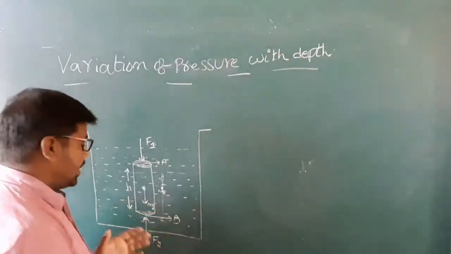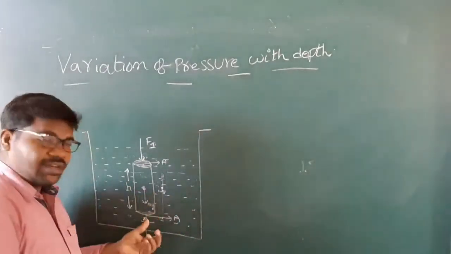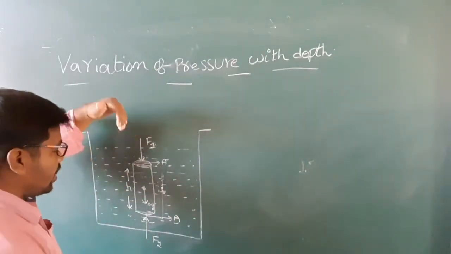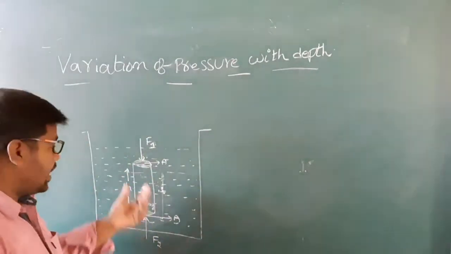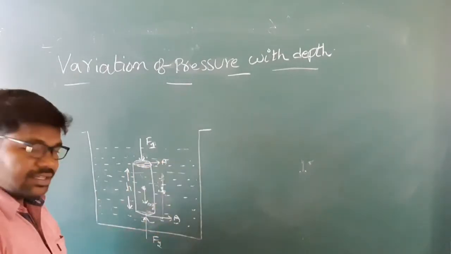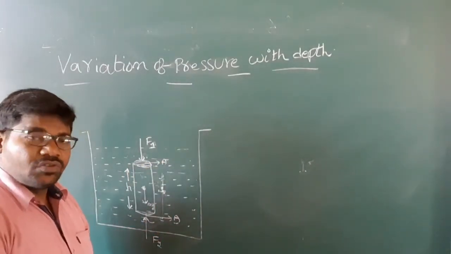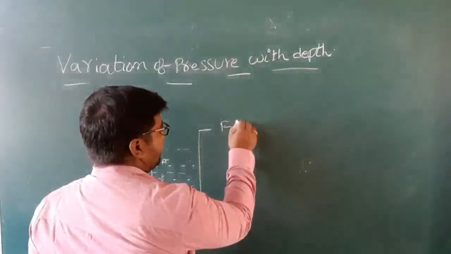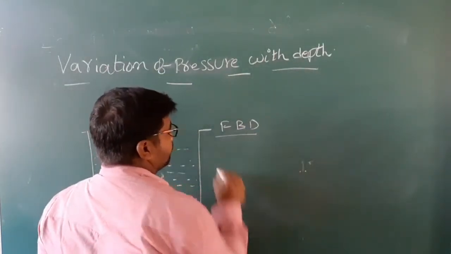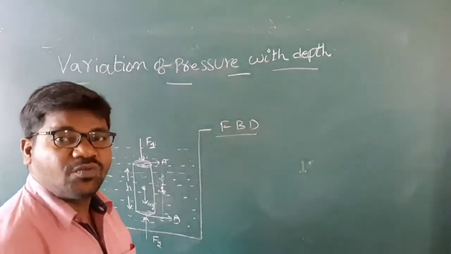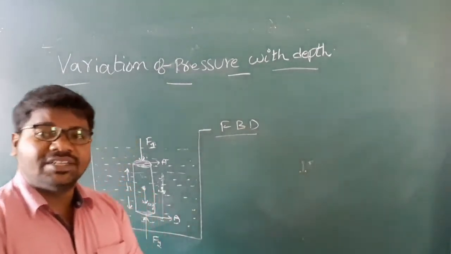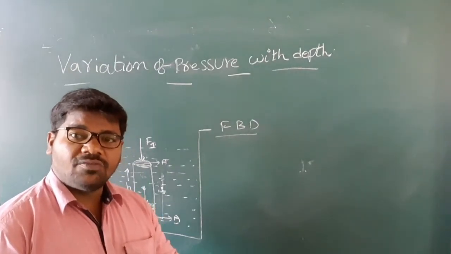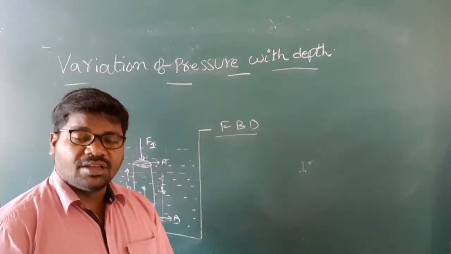Very important. Consider a fluid and an object of height h, with thrust acting downward and upward, and area of cross section A, uniform area. In this case we can write the free body diagram. A free body diagram is a diagram which represents all forces acting on the body.